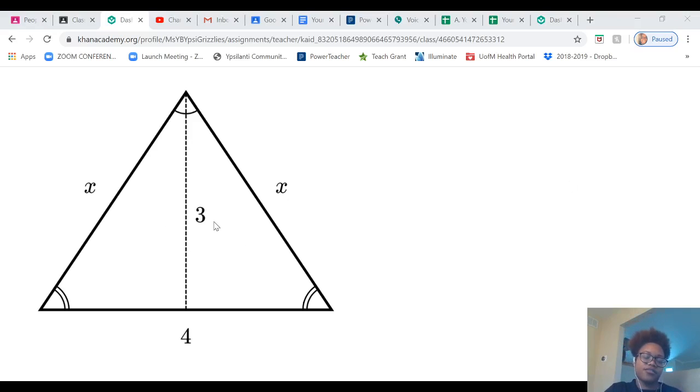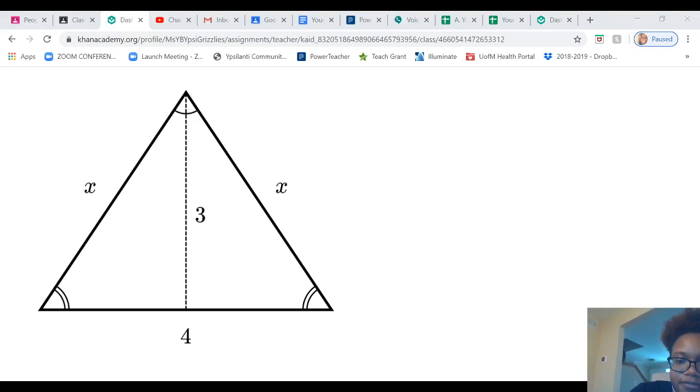This triangle is for the next problem in the set. So again, we have this right triangle here. And keep in mind that this length is 2. We're dividing this in half. So our two sides making the right angle are going to be 2 and 3. So A equals 2, B equals 3, and the side across from that right angle is this x.